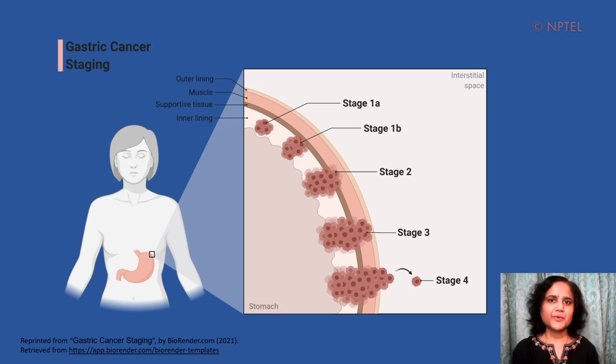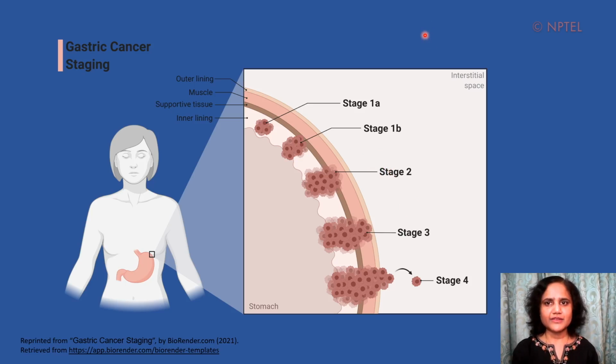This multi-step process leading to progression of stages of a gastric cancer to a metastatic cancer are shown here, where the gastric cancer, which is originally limited to the inner lining, proliferates and then it invades into the interstitial space. And thus it crosses this supportive tissue and the muscle and even the outer lining of the stomach.